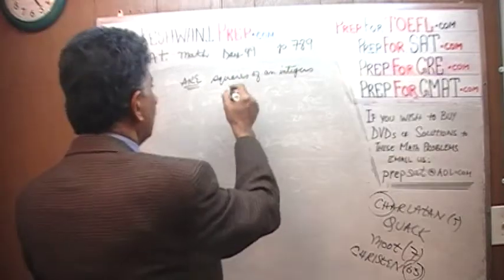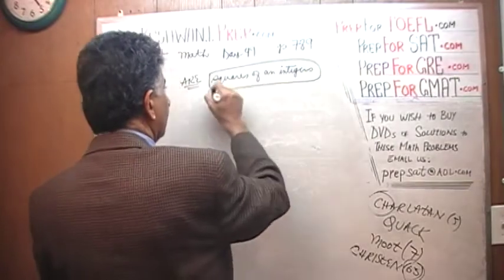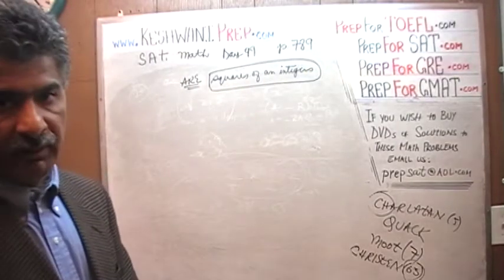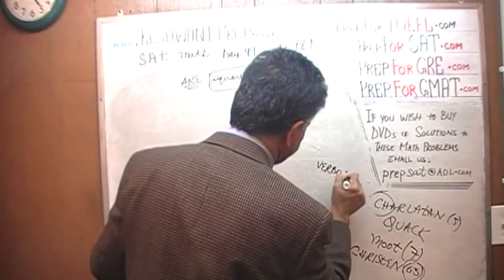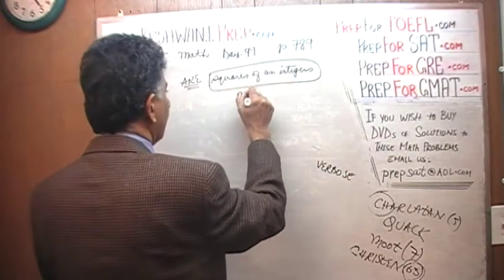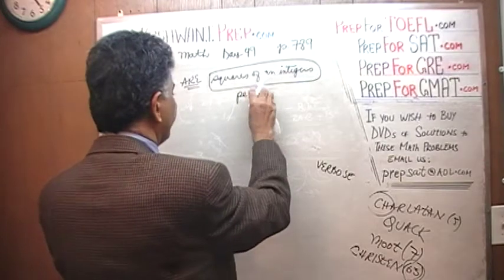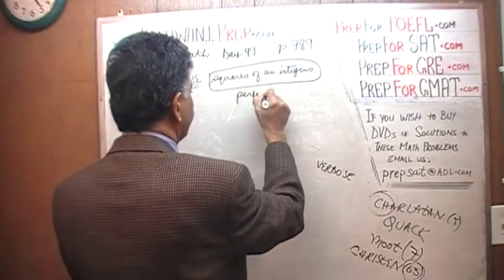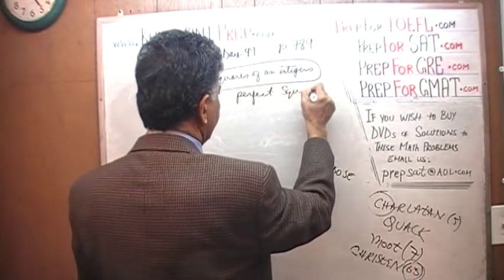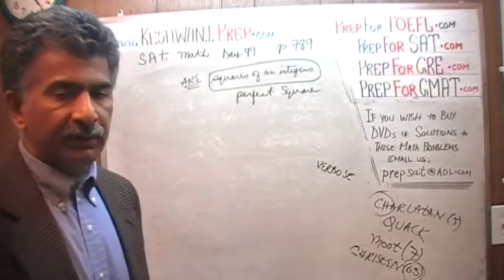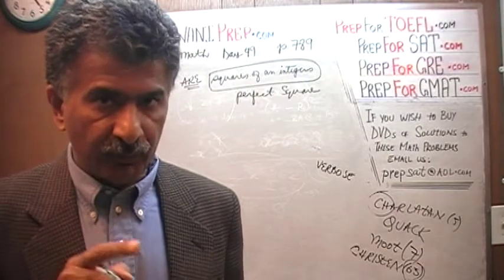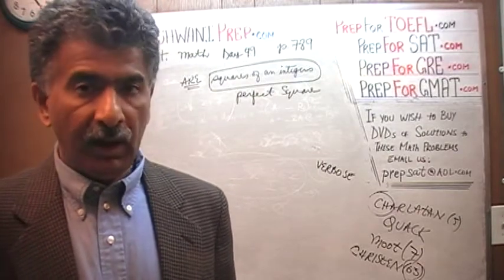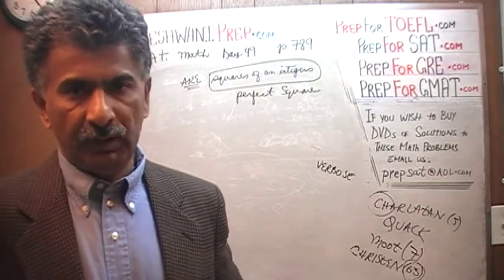The square of an integer is a very awkward, very verbose way of saying perfect square. In other words, how many integers from 1 through 100 inclusive are perfect squares?